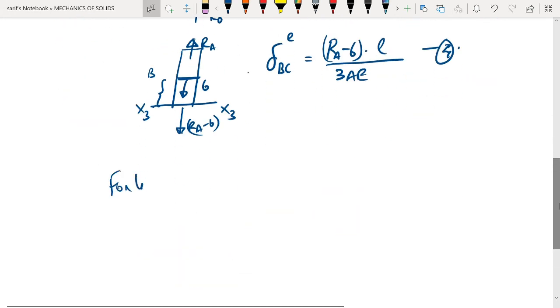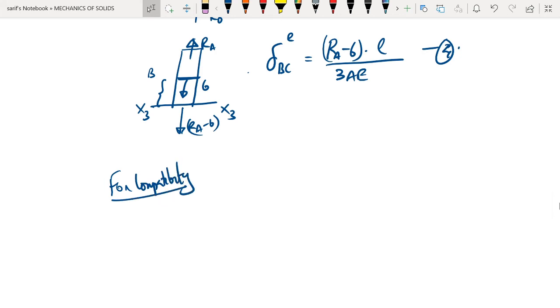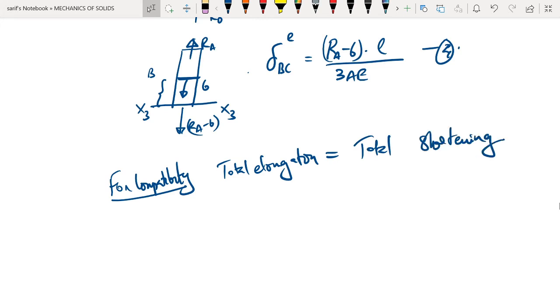So for compatibility, total elongation should be equal to total shortening, and that is when the net change in length will be 0. So delta AB, an elongation, plus delta BC, also an elongation, is equal to delta CD, which is a shortening.